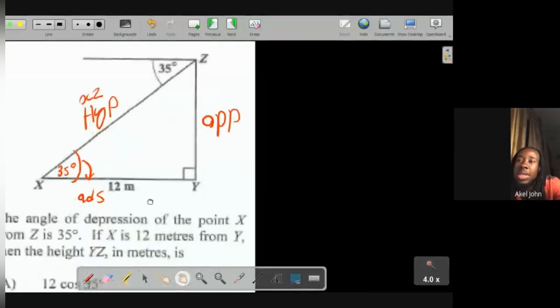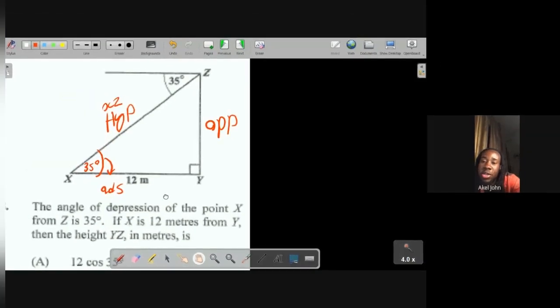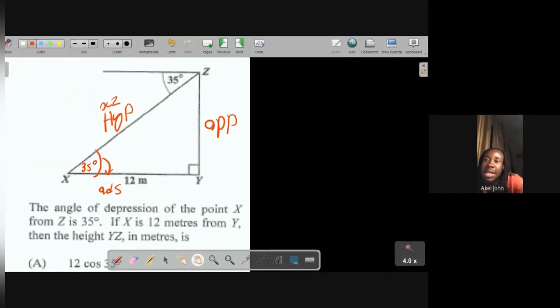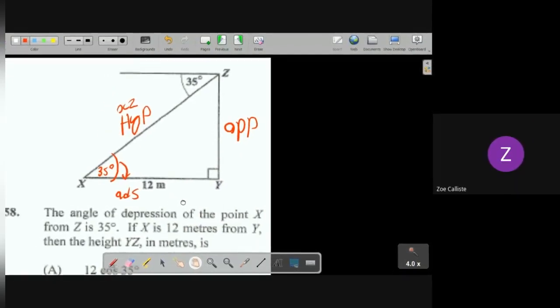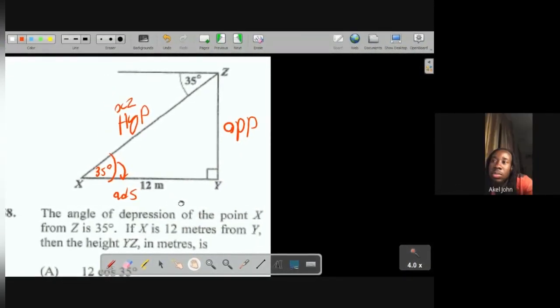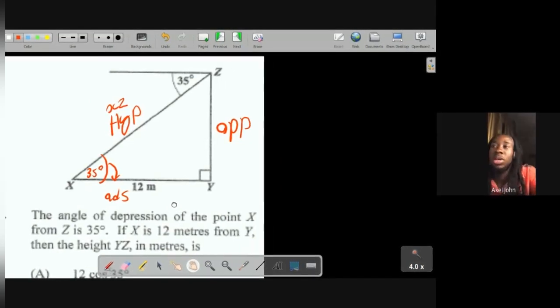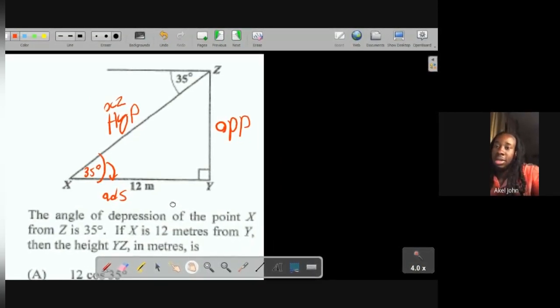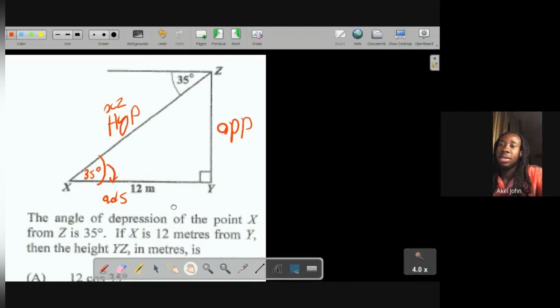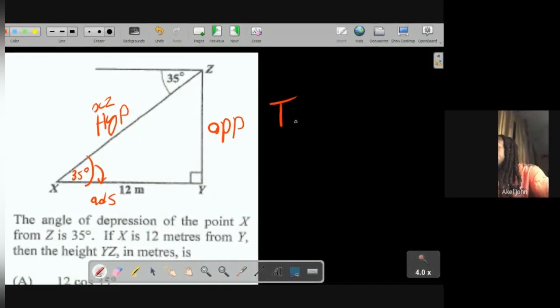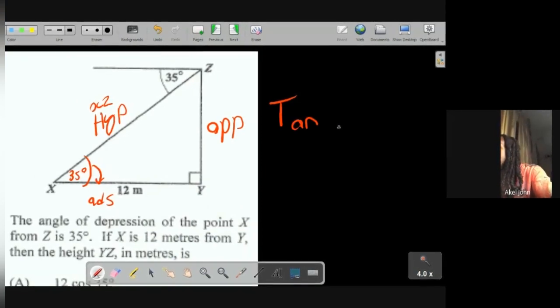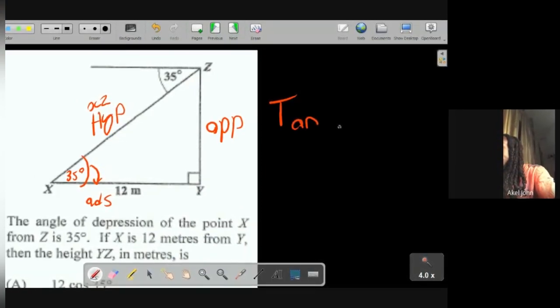So let's see what trigonometrical ratios can satisfy all these conditions. So tan, right? From SOHCAHTOA, it is tan, because we have the adjacent and we want to find the opposite. Tan is opposite over adjacent.